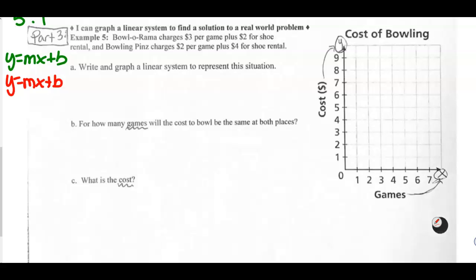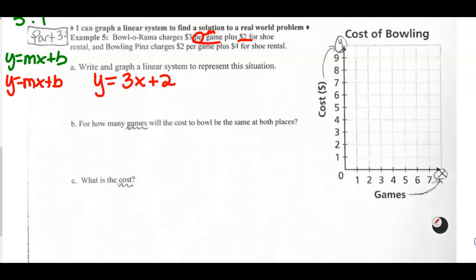So it says, Bowl-O-Rama charges $3 per game. Remember, we've talked about keywords for slope, and the per tells us that that's our m. So y equals 3x plus the $2 for the shoe rental. That is our one-time fee, so that's our b.